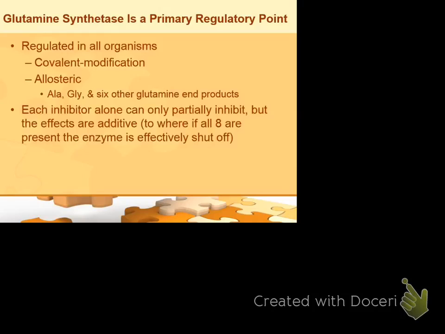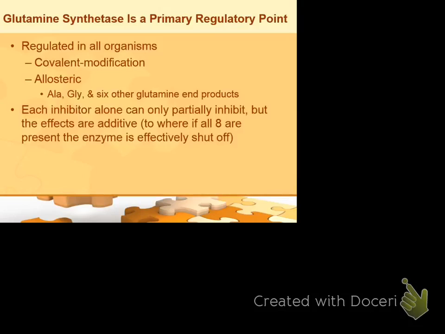Okay, so glutamine synthetase is the primary regulatory point for this. It's regulated in all organisms, and it's regulated by many things. So I like to think of this as a dial versus just either on and off. Because a lot of times when you talk about phosphorylation or something, it's either activated or inactivated. So it's an on and off type of light switch.